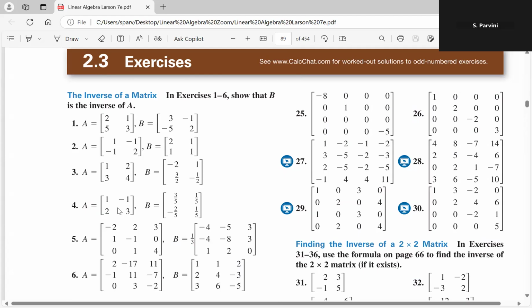If two matrices are inverses of each other, what do we know about their product? What would A times B be? Shouldn't the product be the identity matrix?